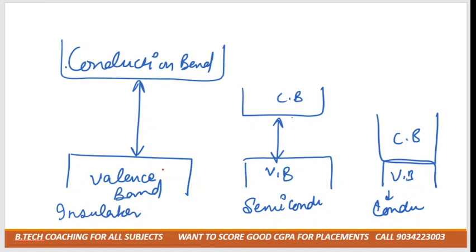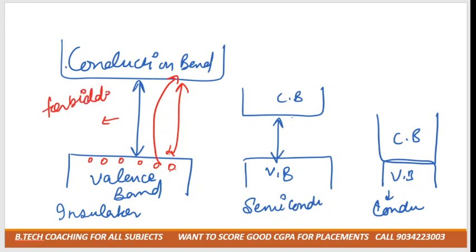Suppose I'm giving you an example: the valence band has electrons or maybe holes. Okay, so electrons want to go to the conduction band. But as you can see, the gap between the valence band and conduction band is much larger, so valence electrons can't go to the conduction band, and this gap is technically known as the forbidden energy gap.